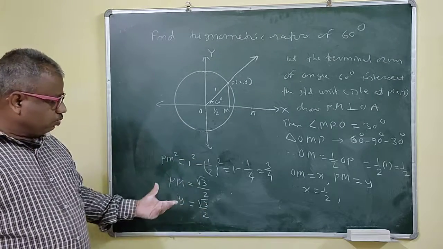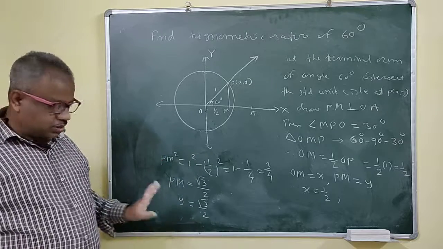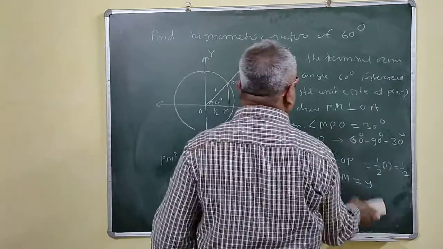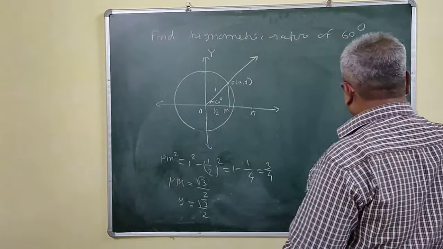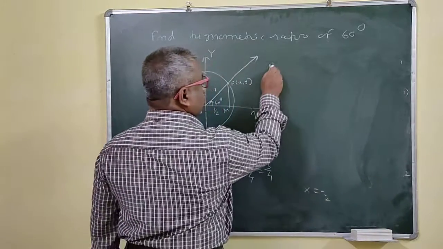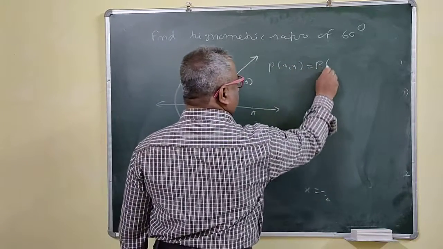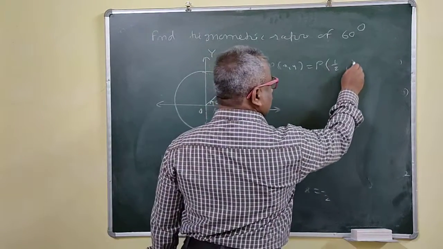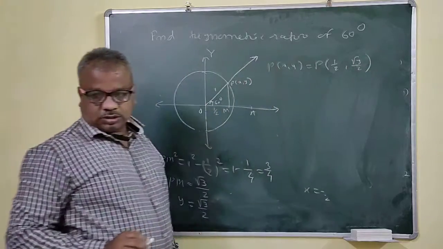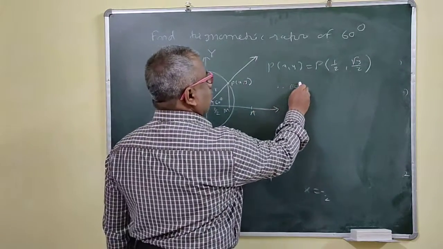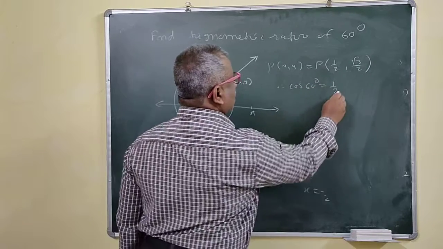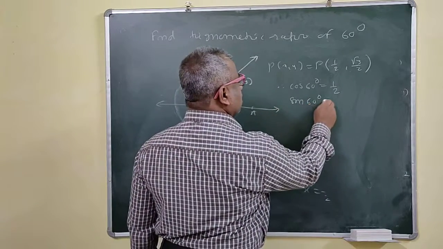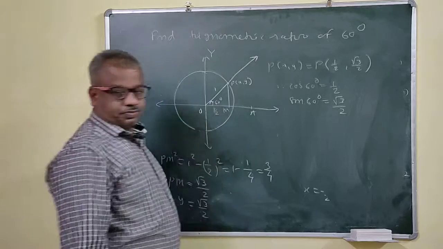Now what if it is in the third quadrant or fourth quadrant? Then we will consider the signs accordingly. So we get the values of x and y. Right. So therefore P(x, y) is equal to P(1/2, root 3 by 2). So therefore cos 60 degree is equal to half, and sin 60 degree is equal to root 3 by 2, right?